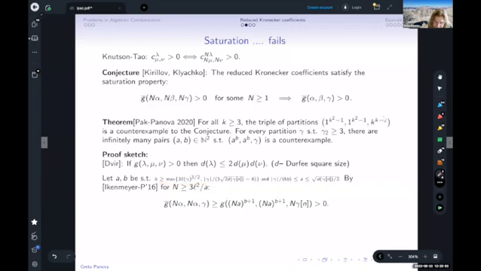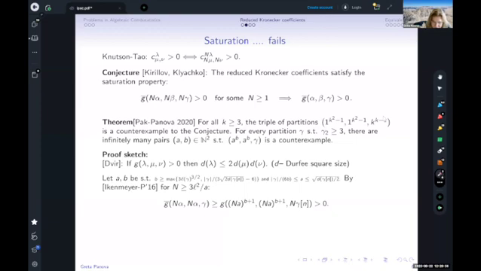We have some funny looking bounds, and basically for any partition gamma, if we take some large enough A and B, then this is going to basically be positive. That's what this result is saying. And this is how we create all these families of counterexamples.